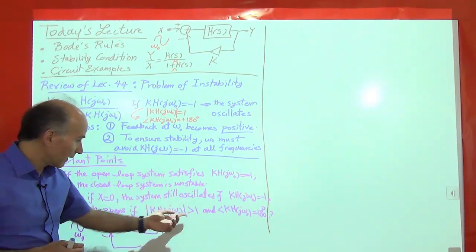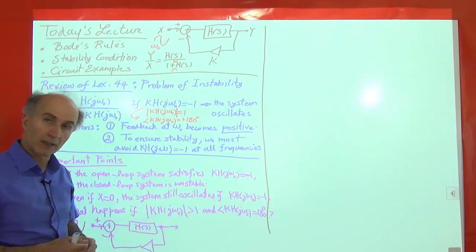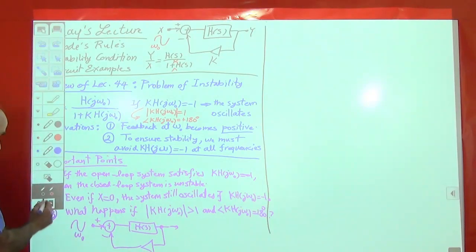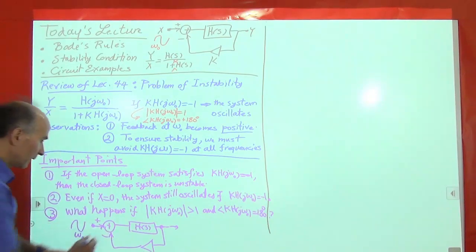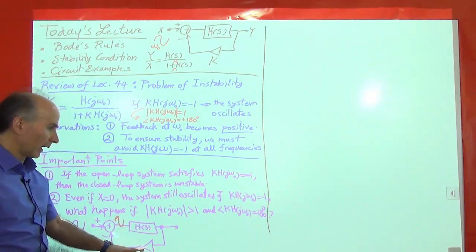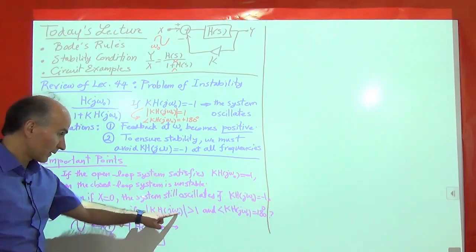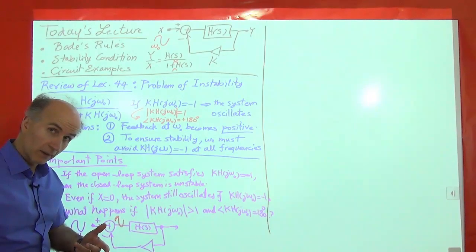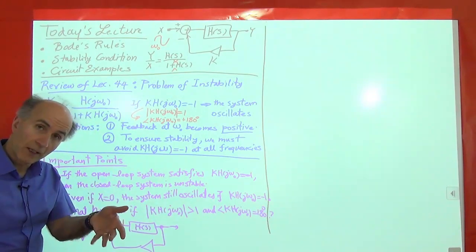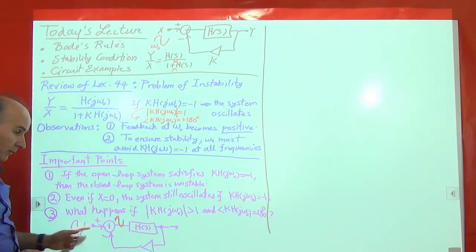But now we are saying that this magnitude of this loop gain is greater than 1. So what happens? Okay, well, let's use a different color to see. All right, so this guy comes in here, and now it travels through H and K. And the magnitude, meaning just sort of the gain from here to here at this frequency, is greater than 1. But the phase shift is still 180 degrees. So we do flip the signal, but the amplitude arriving here is larger than this amplitude and this amplitude, right?